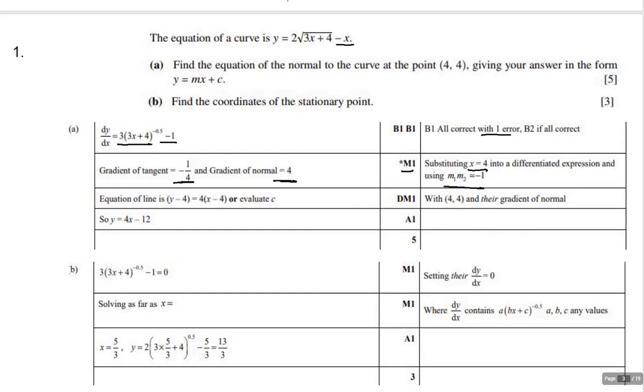Again, even if you get the wrong slope and the wrong perpendicular slope, you can still get this method point. And then if you plug in for the point 4, 4, using your slope and come up with a line, you can get this method point.